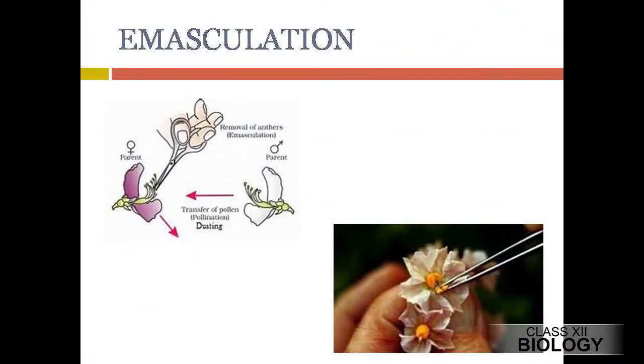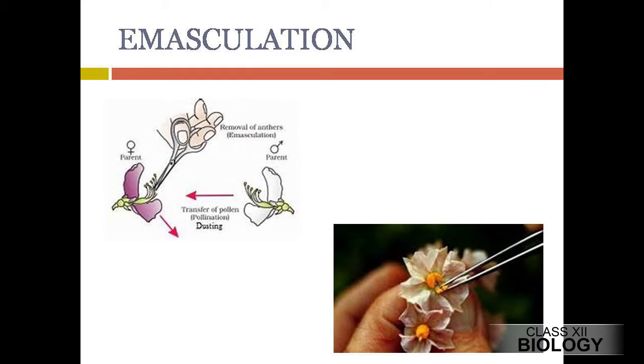If it is a bisexual plant, we have to remove the anther. If the 2 plants are separate, that means anther is present separately and the female pistil is present separately in a separate plant.